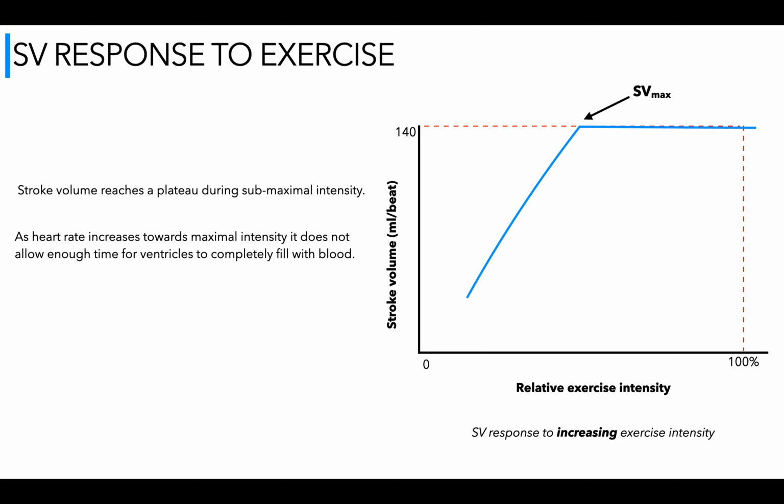So, the reason being is as heart rate increases towards maximal intensity, it doesn't give enough time for the ventricles to completely fill with blood. So I know we were talking about Starling's law, and if we have increased venous return, which we do because we're exercising, then that should give us higher end diastolic volume, that will increase the elasticity, that greater stretch.